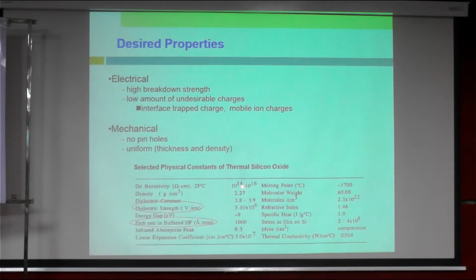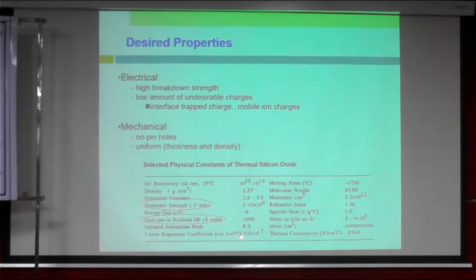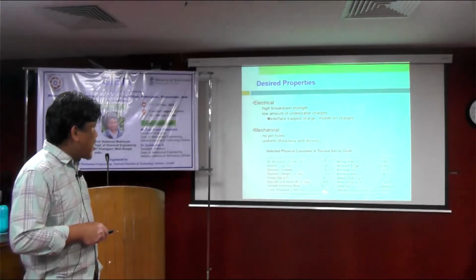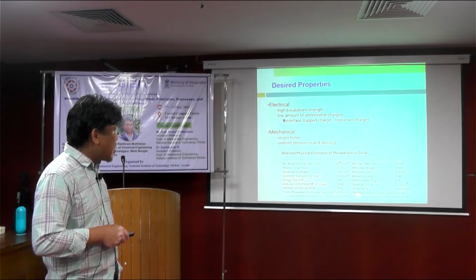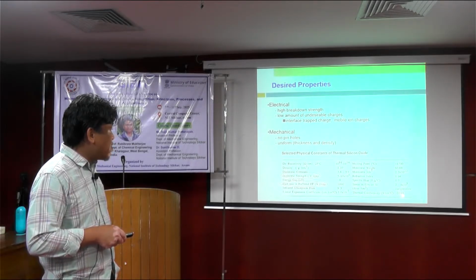Okay, we can see that it has quite a high melting point, if we produce it at basically 1,700 degrees Celsius. It has a refractive index of 1.46, a specific heat of 1, etc., a linear expansion coefficient of 5 times 10 to the power of minus 7, and a thermal conductivity of 0.04.